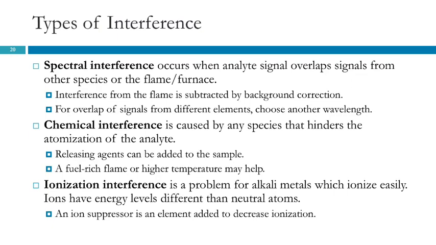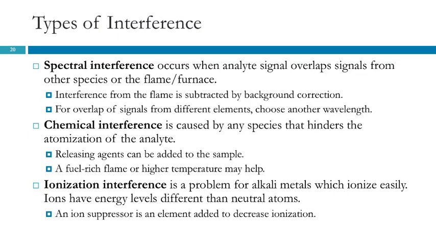Phosphates are not soluble, and the phosphate will bind onto your metal atom and prevent it from being atomized. So there are releasing agents that can compete with those problematic species. A fuel-rich flame or a higher temperature in your flame can also help depending on the nature of the chemical interference.